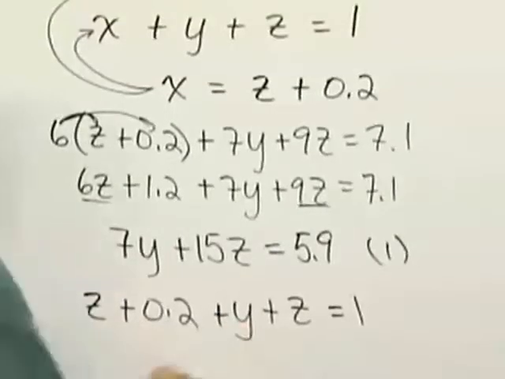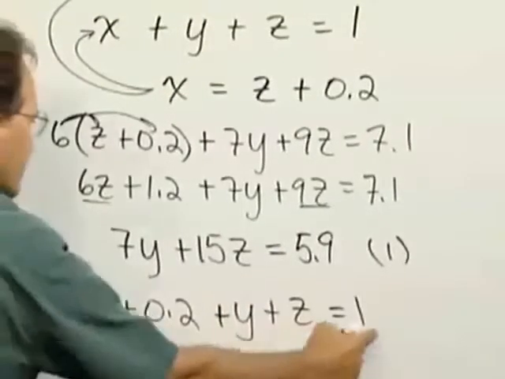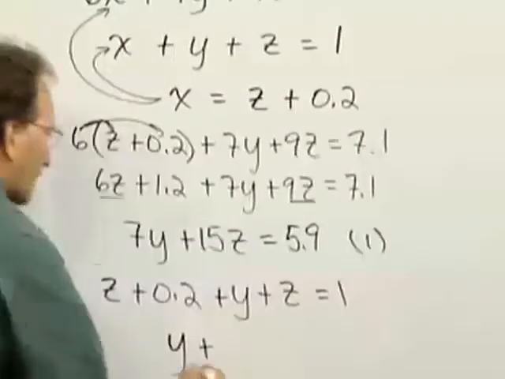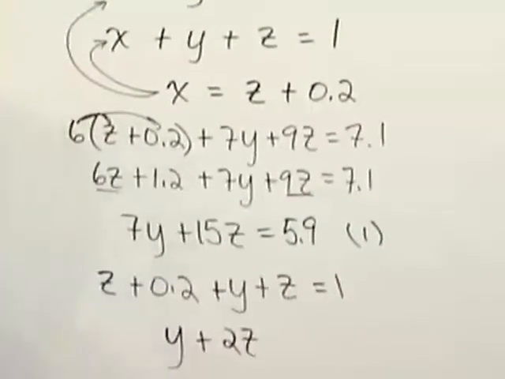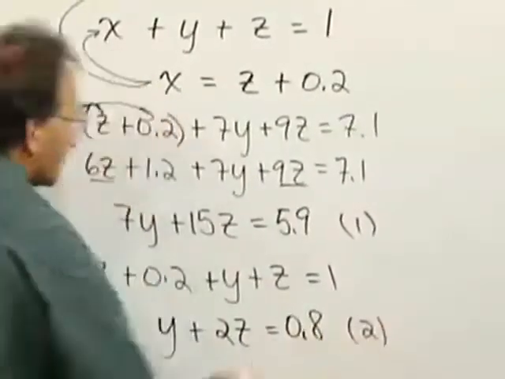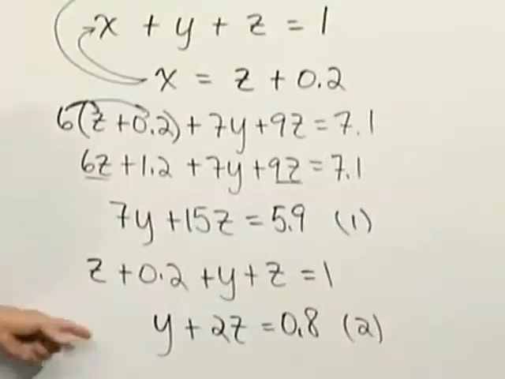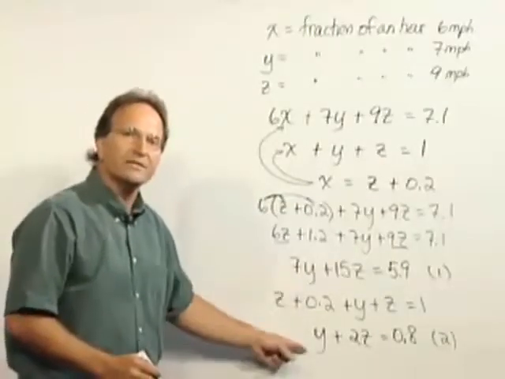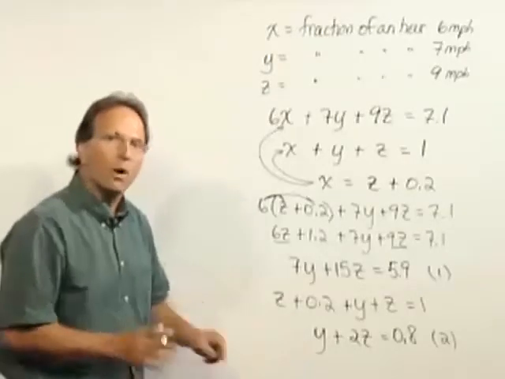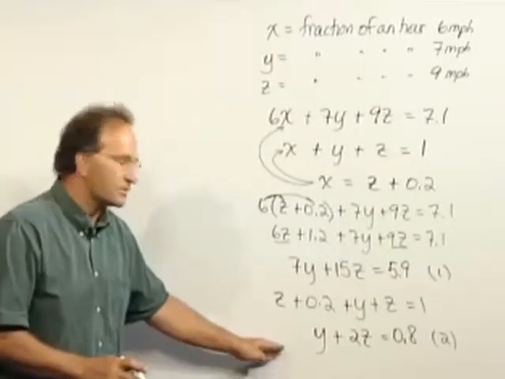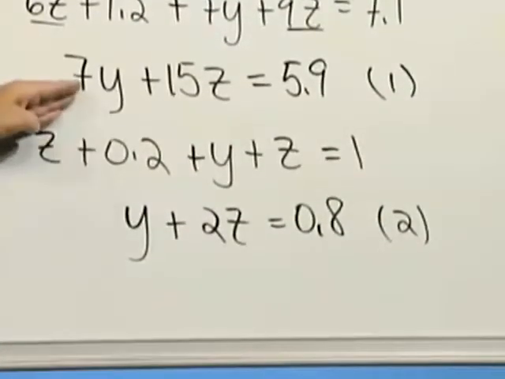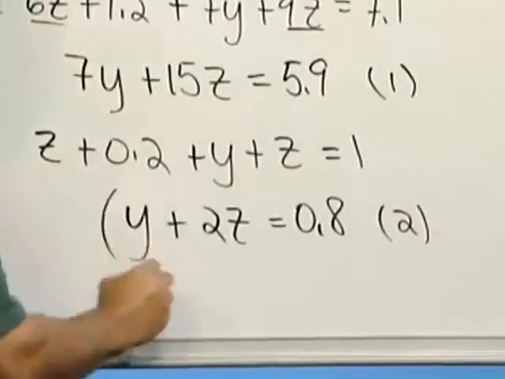Combining z plus z and subtracting 2/10 from each side, I have the equation y plus 2z equals 8/10. I'm going to number that equation 2. And now what I need to do is combine these 2 equations in such a way to eliminate the y. To do that, what we would do is multiply this equation number 2 by -7 and then add it to the equation which I've numbered as 1.